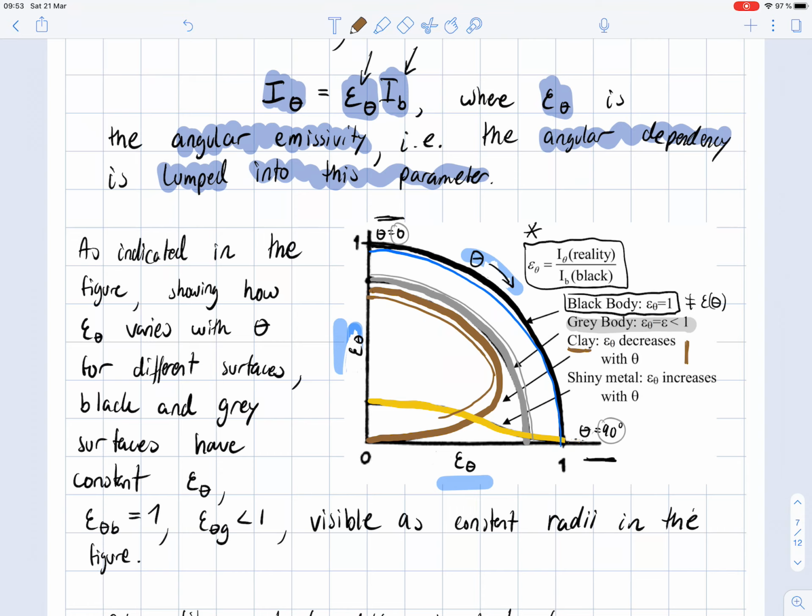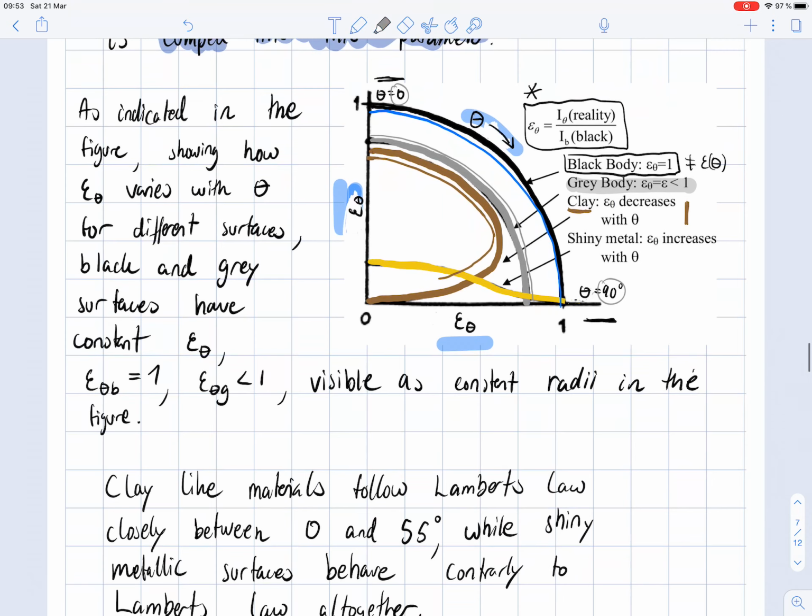So when you're looking at it from too large an angle, the emissivity will decrease. This happens at around 55 degrees for this particular example. That means that clay-like materials follow Lambert's law closely between 0 and 55 degrees.